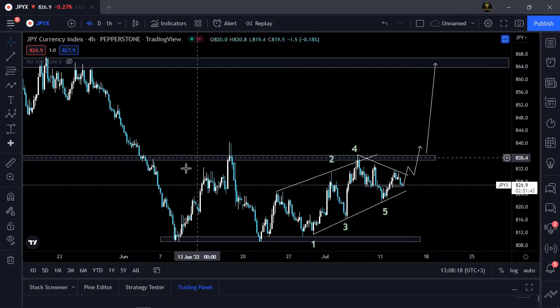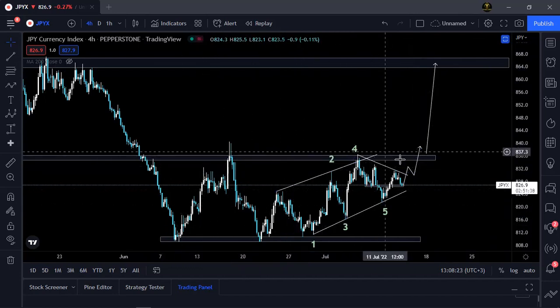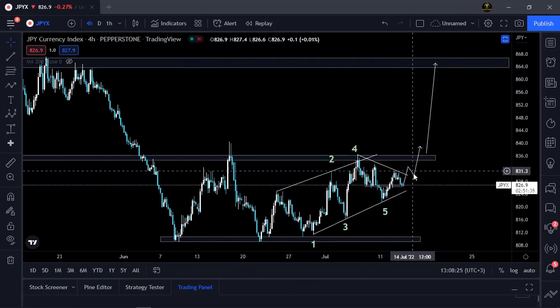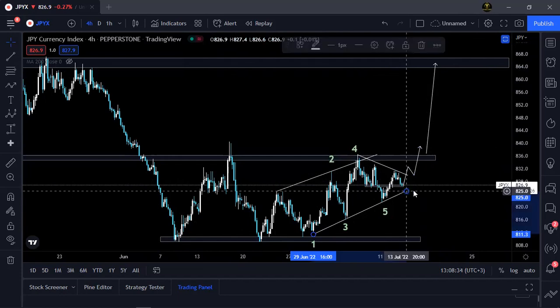But currently, we are also in a sideways ranging channel here. If prices fail to break above here, they won't have enough bullish pressure, and they'll have to look for the closest strong support area.